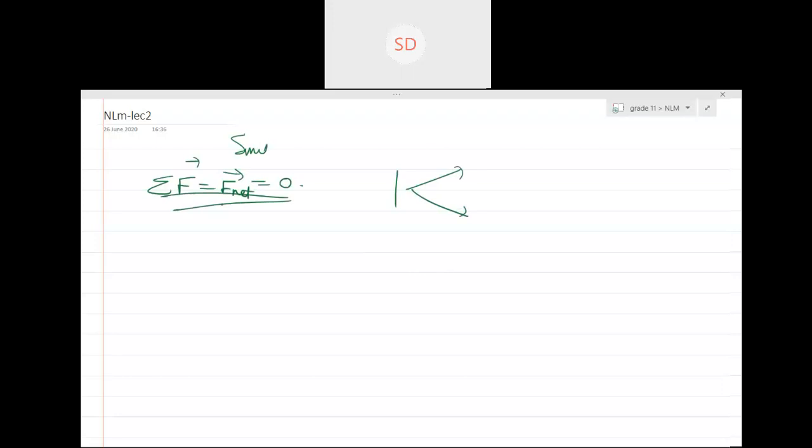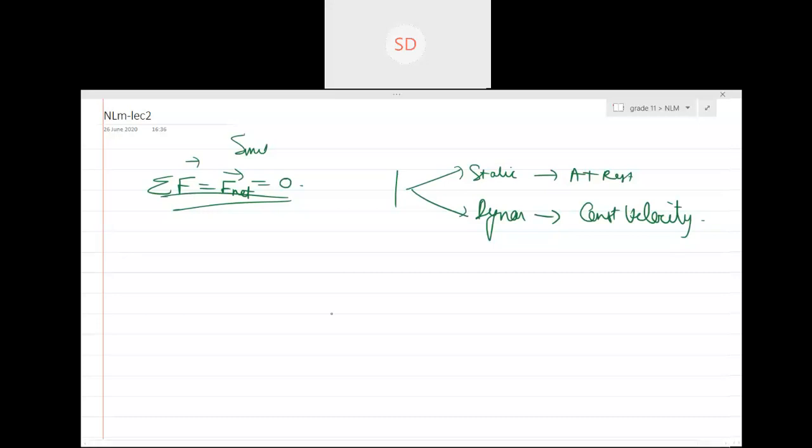If both are equilibrium, the net force is zero in both cases. In static, the object is at rest, and in dynamic the object is moving with a constant velocity. That implies it's in uniform motion, if you remember. Okay, is it clear now? Yes, sir.